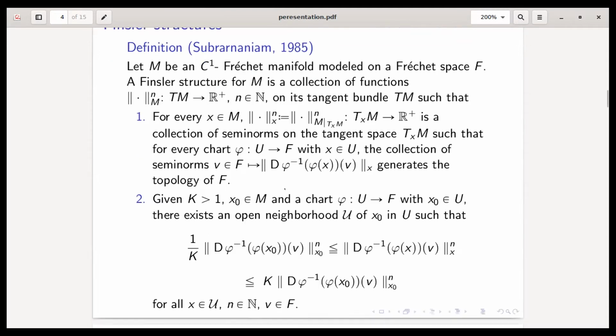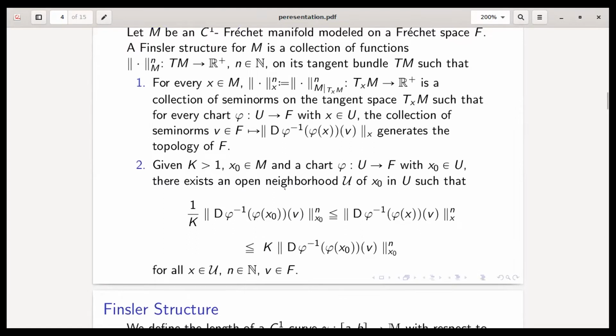And this collection of functions locally needs to satisfy this squeezing condition, condition 2. And on regular and paracompact manifolds, there exist Finsler structures.